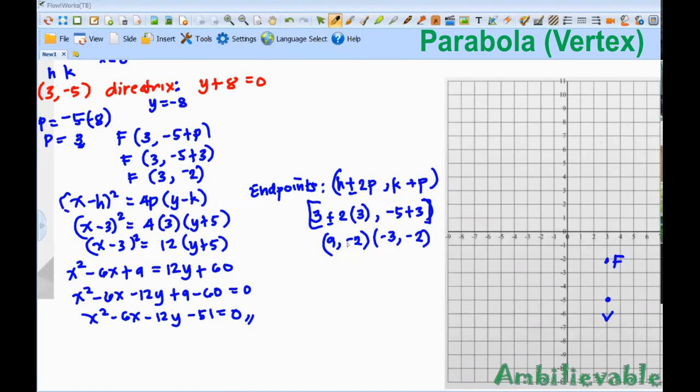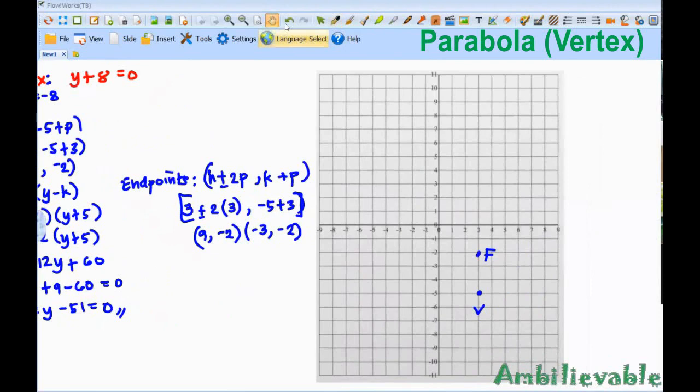Next, we have the endpoints, (9, -2), so let's move over here. (9, -2) is here. And we also have (-3, -2). Okay, so the directrix is opposite to that, which is y equals negative 8. So we have it here. And that's all.